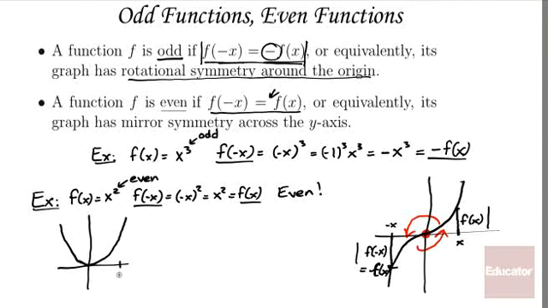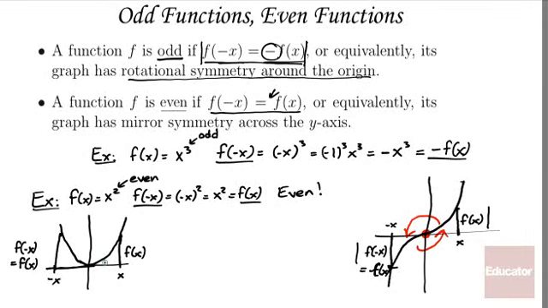And if you take a value of x and look at f of x, and then you take negative x, f of negative x is not negative f of x, it's f of x itself. It's the same value as f of x itself. So you get this f of negative x is equal to f of x.